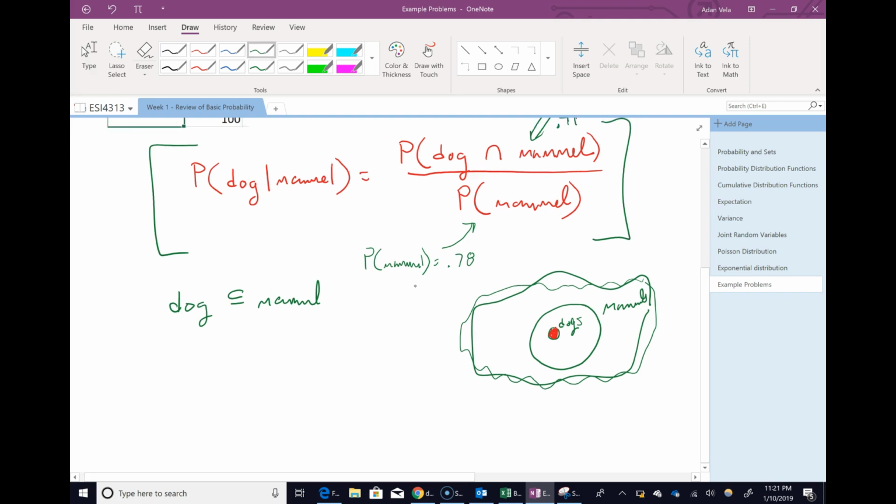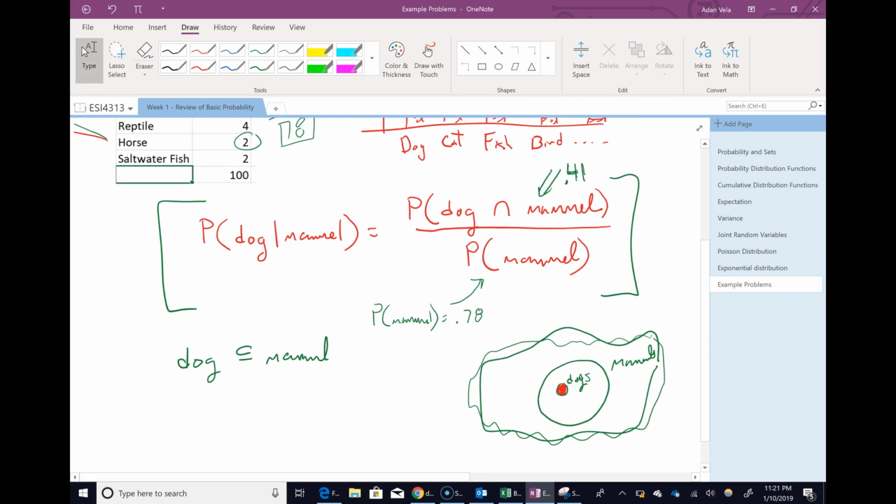Now that we know the numerical values for the probability of dog and mammal, and the probability of mammal, we can say the probability of owning a dog, given that you know the pet is a mammal, is equal to 0.41 divided by 0.78.